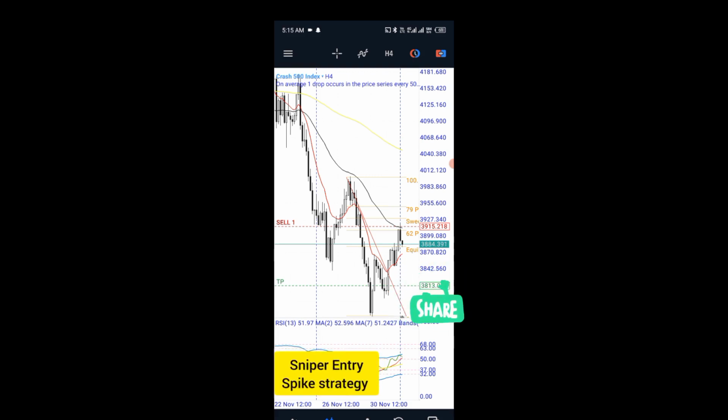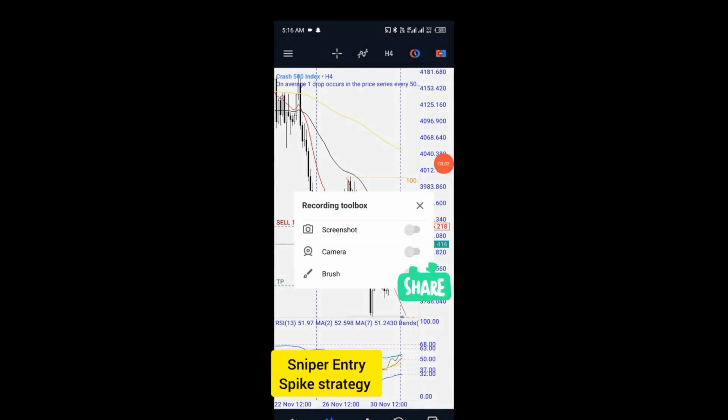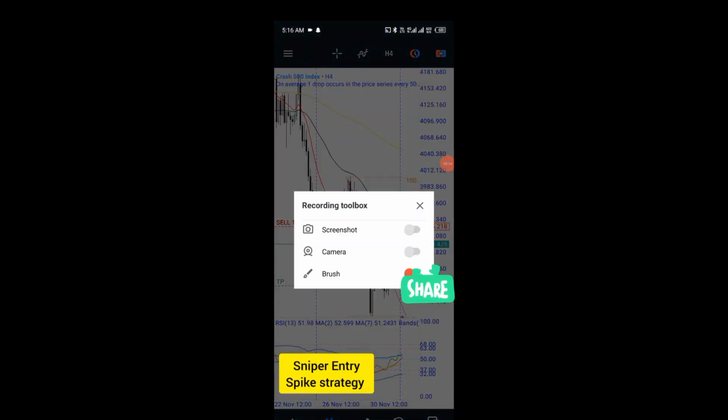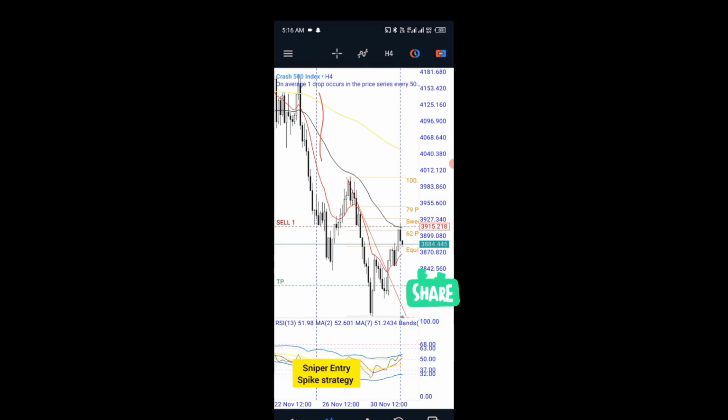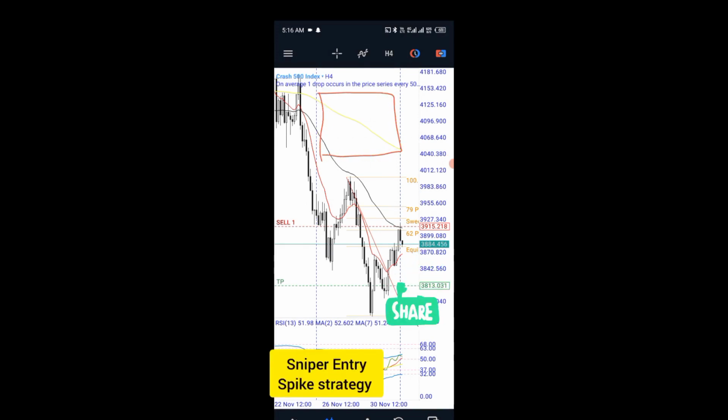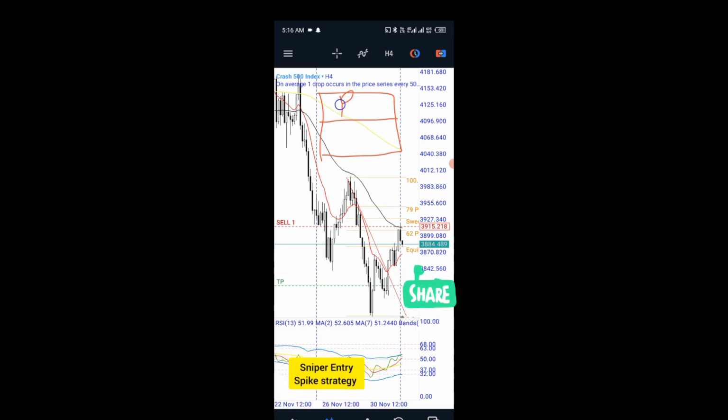Now what you are using the Fibonacci for is that it divides your trend into two sections. This is the premium, this is the discount.